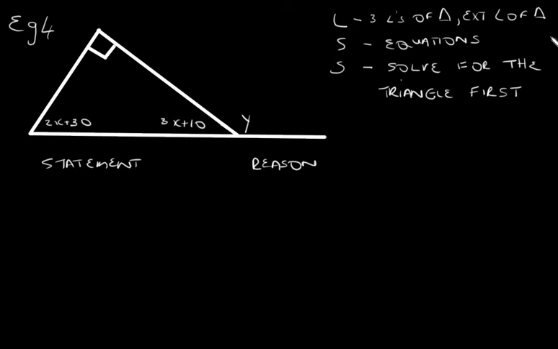We also need to know that the exterior angle of a triangle is equal to the sum of the two interior opposite angles. Skills, we need to be able to solve equations. And strategies, we are going to have to solve for the triangle first. Why? Because we need to be able to solve for x before we can solve for y, because we cannot have two unknowns in an equation.